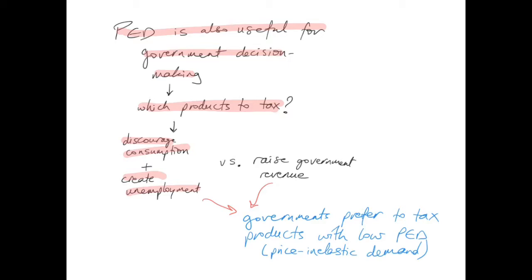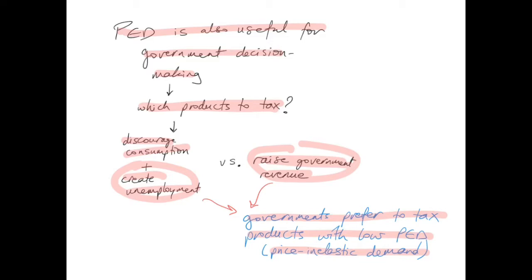But at the same time, it will raise government revenue. So you can see that taxing a product leads to a little bit of unemployment, but also raises revenue for the government. For this reason, governments prefer to tax products with low PED, with very price inelastic demand, products where the quantity demanded isn't that sensitive to changes in price.